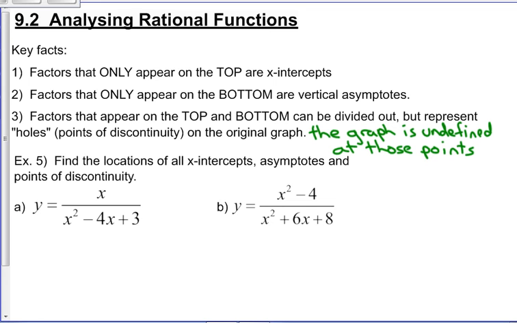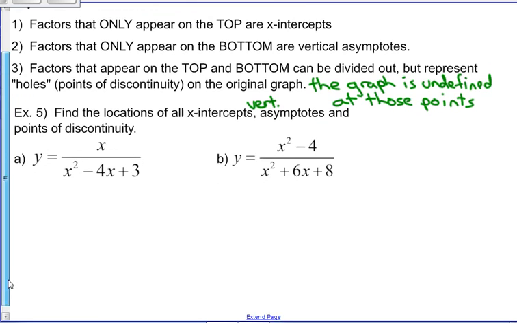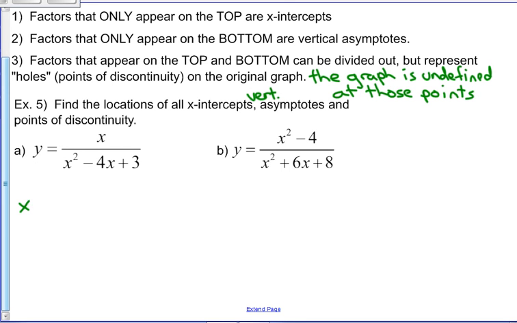Okay, so let's find all these x-intercepts, asymptotes, only vertical asymptotes for now, and points of discontinuity. So on this one here, x-intercepts, that's factors of only the top. That would be this x. What makes that 0? Well, 0.